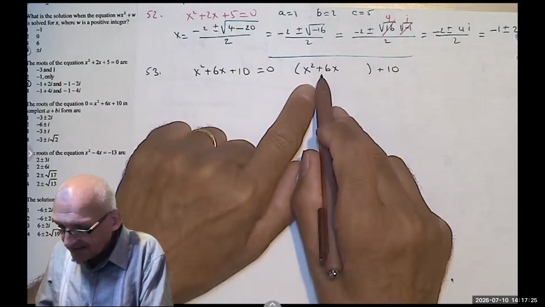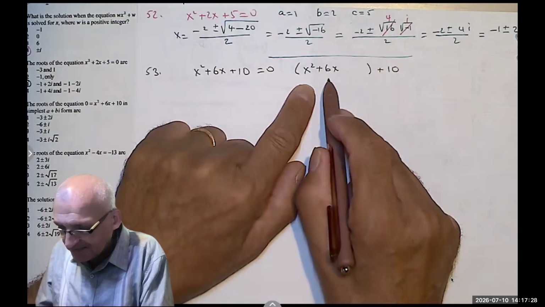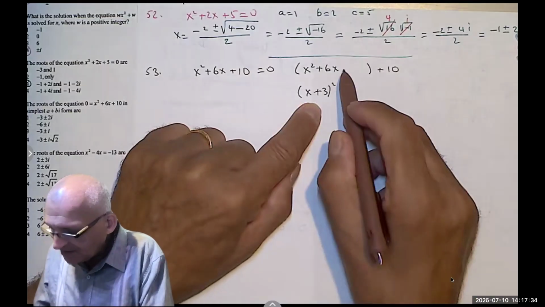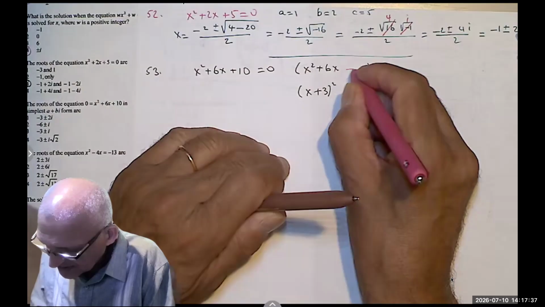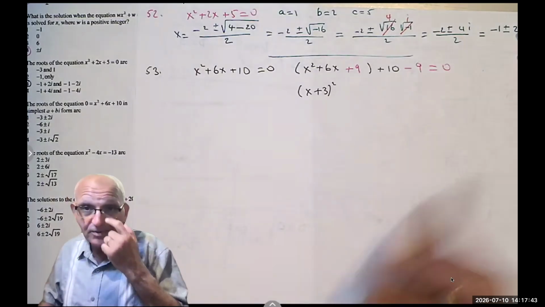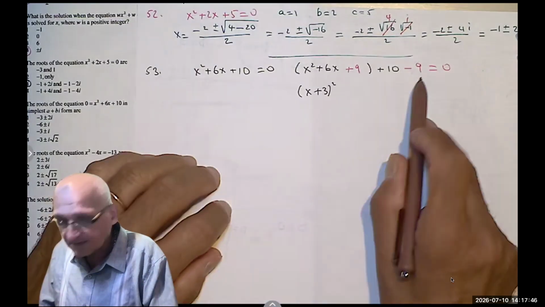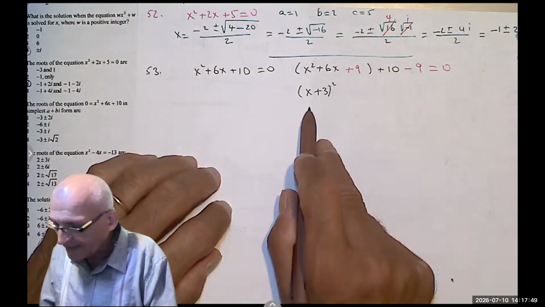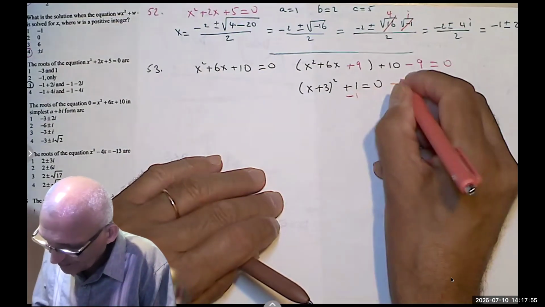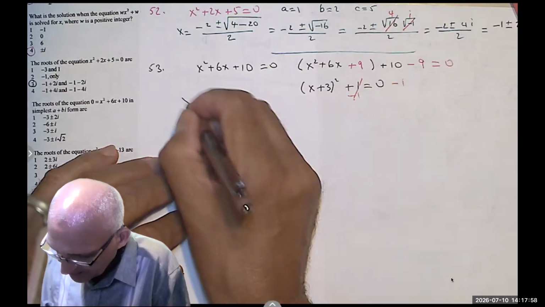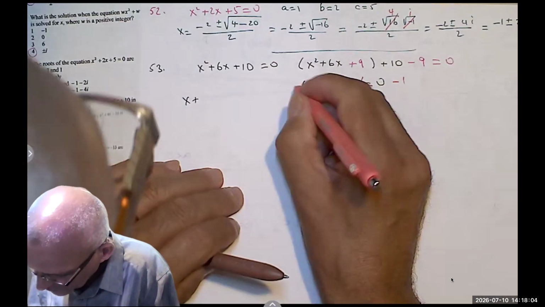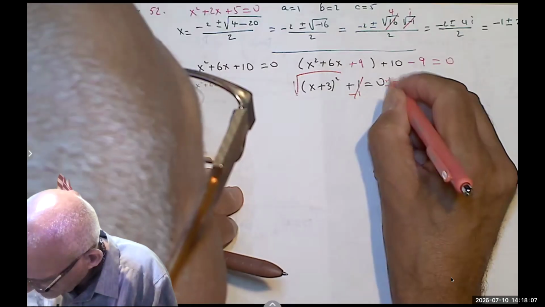To make it a perfect square, I divide the 6 by 2 to get 3, meaning I will get (x plus 3) squared here. But in order to do that, I have to add 3 squared, which is 9. But if I add 9, I have to subtract 9, or else the problem would be wrong. I added 9 to make that a perfect square, and I subtract 9 from the 10, so I get plus 1 equals 0. Then I can subtract 1 from both sides and get (x plus 3) squared equals -1. I'm going to take the square root of both sides after that.